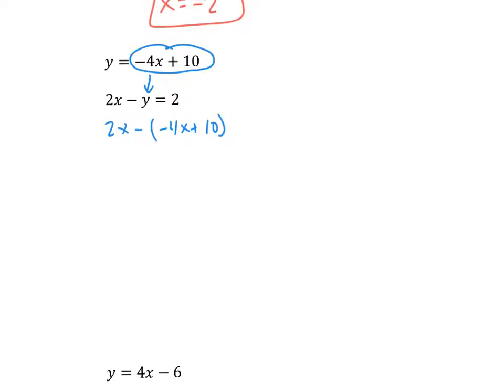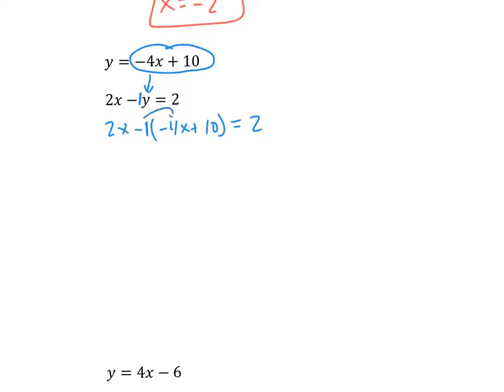And this is really like having a negative 1 here. So we're going to have to distribute that negative 1 into our parentheses to ensure that the equation stays the same, okay? So that's going to be equal to 2.